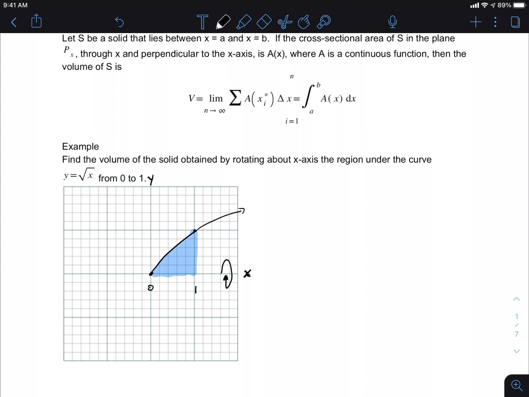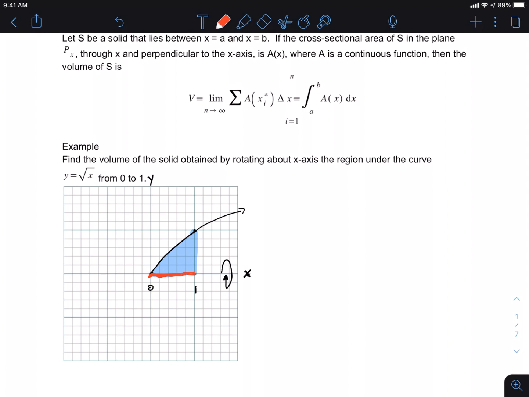Now, something important to note here. As I rotate about the x-axis, right here, this is the x-axis that I'm rotating on. Is there a gap in my shaded region anywhere along that red line? There's not, right? There's no gap.